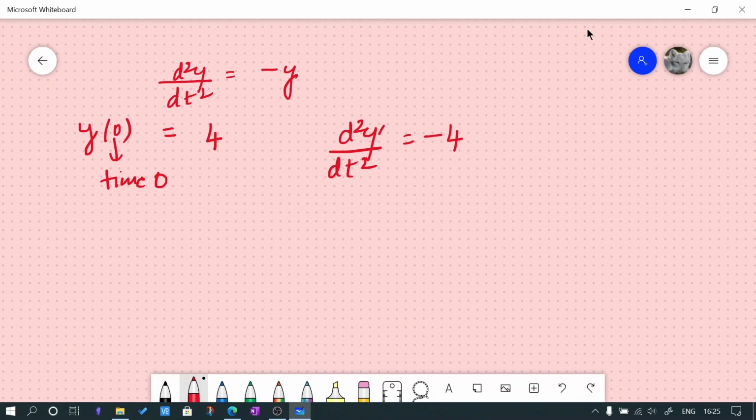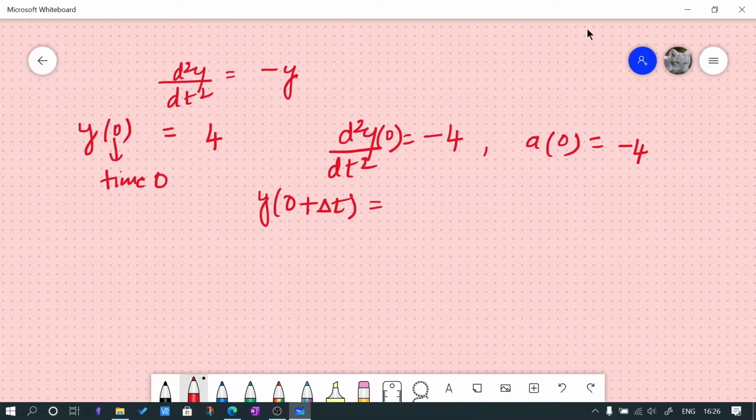Let's take this variable as a at time equals 0, which is equal to minus 4. Now we have a at 0, we have y at 0. So now we have to predict what would y be at 0 plus delta t. Isn't that the whole point of the exercise? Since we want to predict what would y be when delta t time passes by.